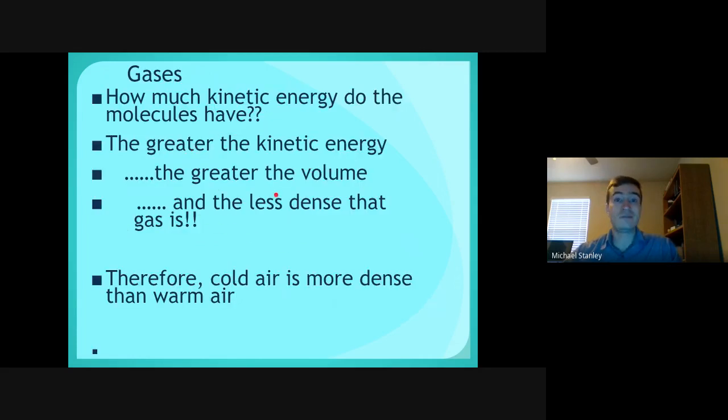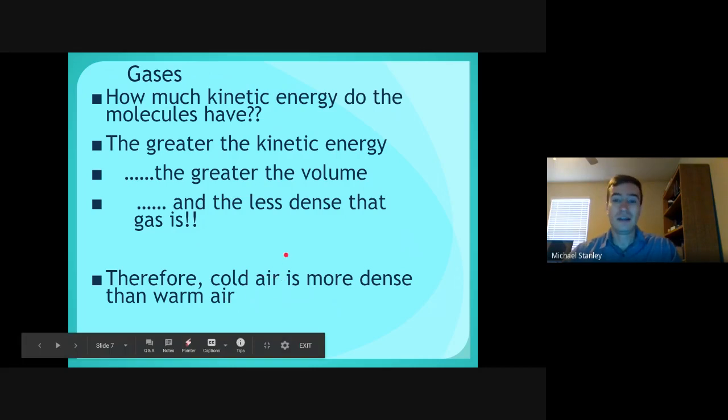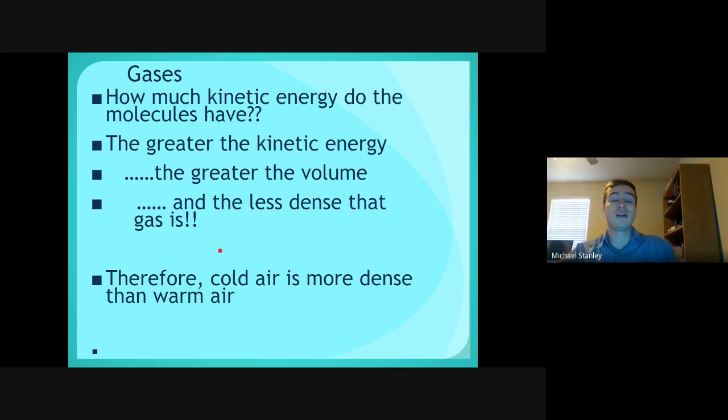So the hotter the air, the bigger the volume and the less dense it is. Cold air is more dense than warm air. Warm air will tend to rise and cold air will tend to sink in the atmosphere. This is the basic premise behind hot air balloons. The reason the balloon is able to inflate and drift through the air is because inside the balloon, they have that big furnace, and you'll see the guy pull on the lever and the fire goes whoosh.